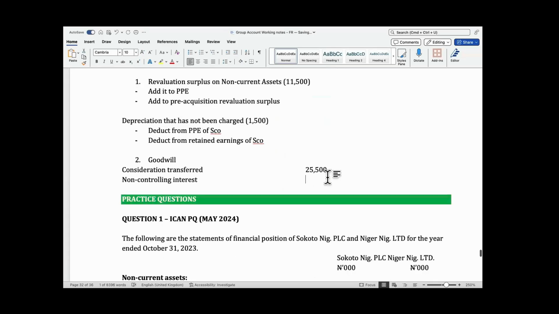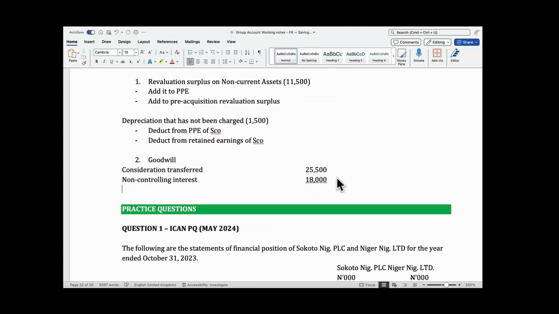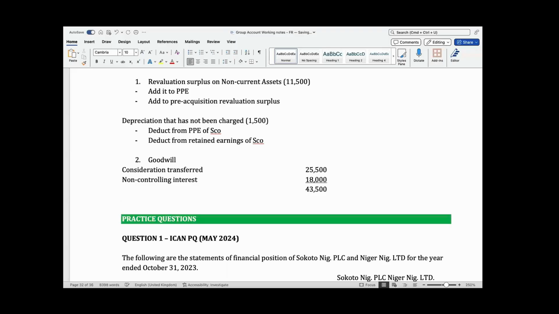So what's the addition of the two? $43,500. Okay. So what's the net asset acquired?